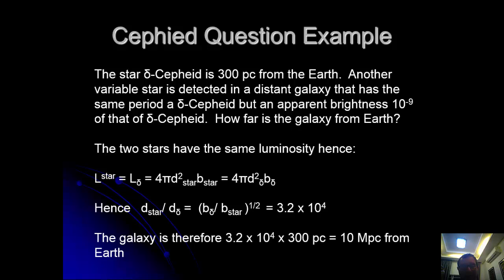If I already know the distance to my delta Cephei, it means that I can do 3.2 times 10 to the 4 times 300 parsecs, which gives me 10 megaparsecs, which is the distance to this Cepheid in another galaxy. So that's the type of question we'd expect about Cepheids.